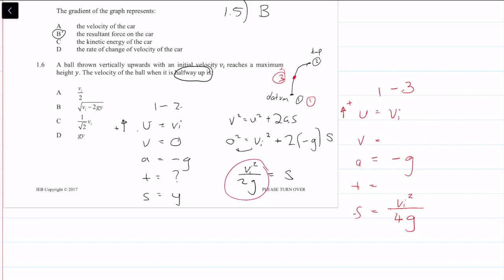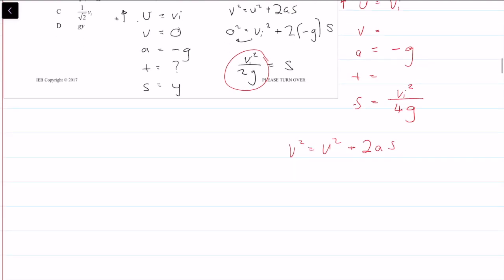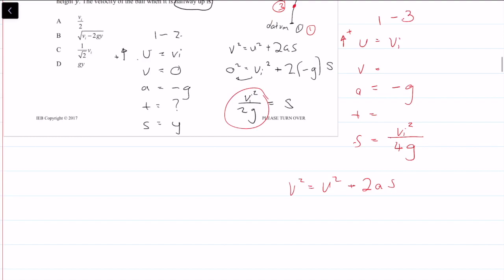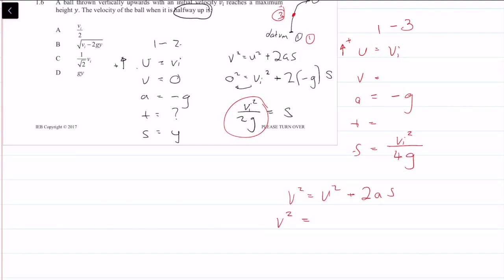Then I'm going to use the same equation, v squared equals u squared plus 2as. So v squared is going to be equal to vi squared plus 2 times minus g times s.